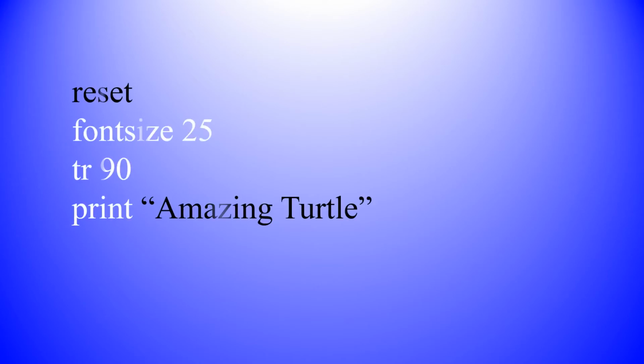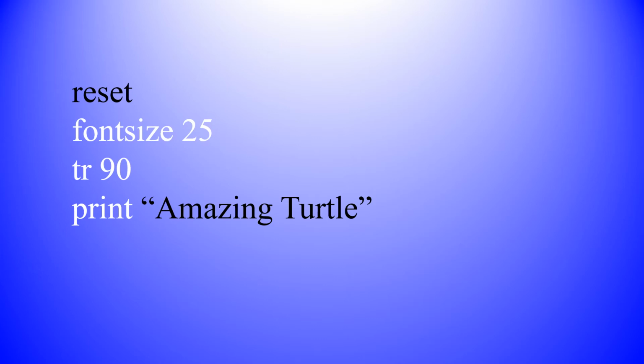Let us see another example for font size and print command. Here the first command is reset. A reset is used to clear all the drawings on the canvas and brings the turtle to the center of the canvas. Next, font size 25, so that you can set the text size or number as 25 units.